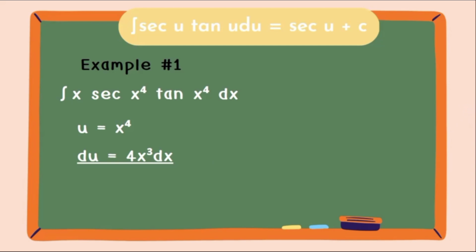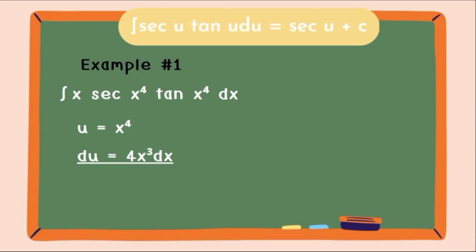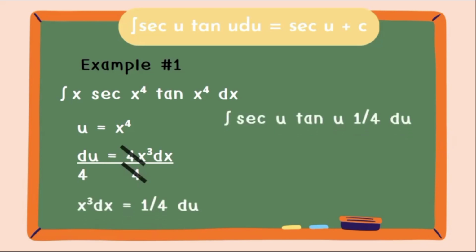So, after natin makuha yung du, which is 4x cubed dx, i-divide lang natin yung 4 sa 4x cubed dx para makapag-cancel tayo and makuha natin yung value ng x cubed dx. So, magiging 4 divided by 4, then ika-cancel lang natin yung 4 since same value sila. Then, now we have our final answer, x cubed dx is equal to 1 over 4 du.